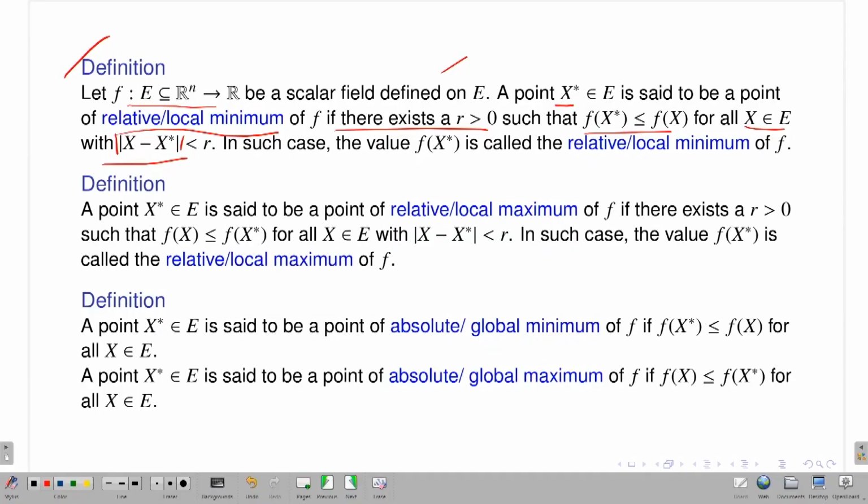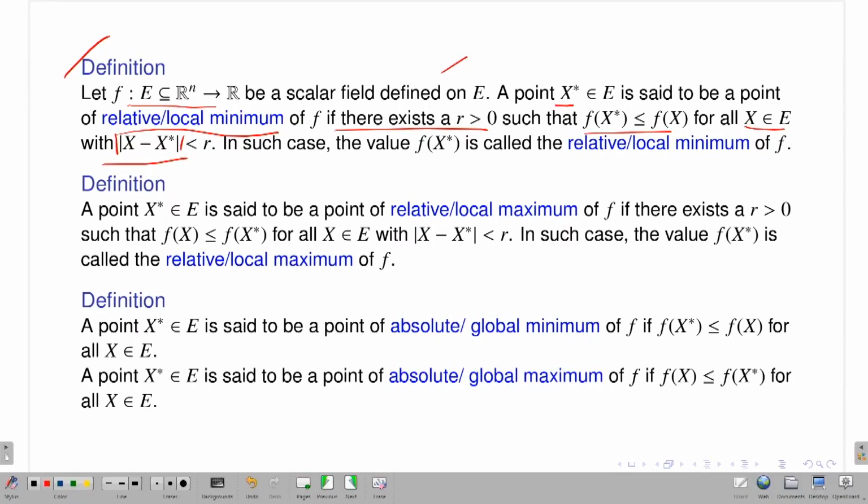So, what I am saying is that you have a function f, and a point x star in that set E is a point of relative or local minimum, either local minimum or relative, both are the same, if there exists a neighborhood of your point x star such that the value of f at x star is always less than or equal to the value of f at x for any x in that neighborhood.